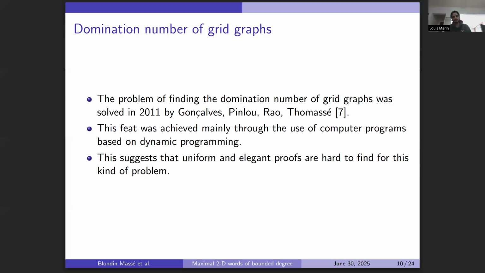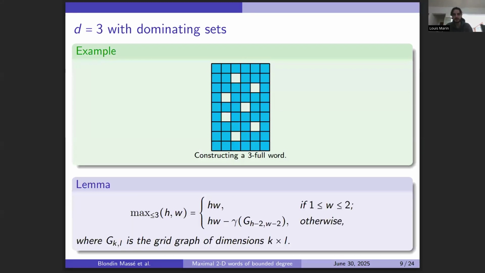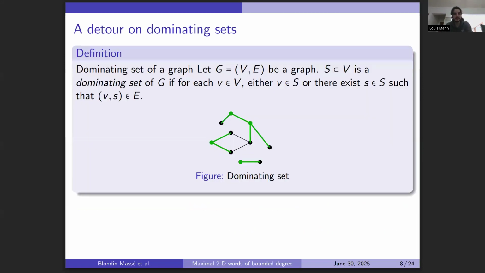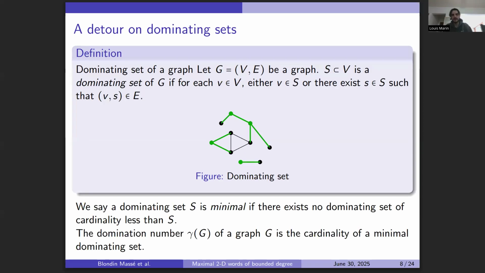But maybe I want to talk a bit about how the problem for any d could also be seen as a dominating set problem. So very quickly, we've seen that the definition of a dominating set is that, for a graph G, any vertex is either in the set or touches one of the vertices in the set.